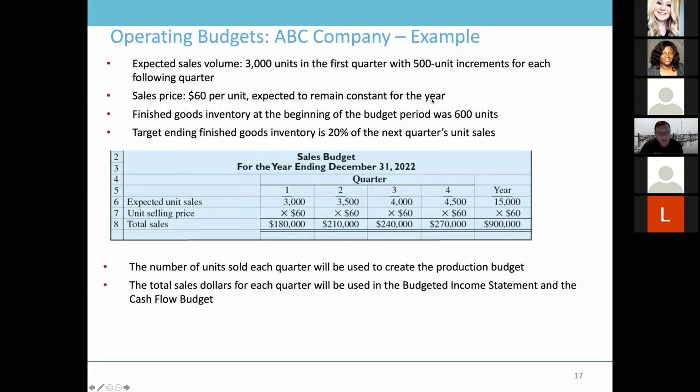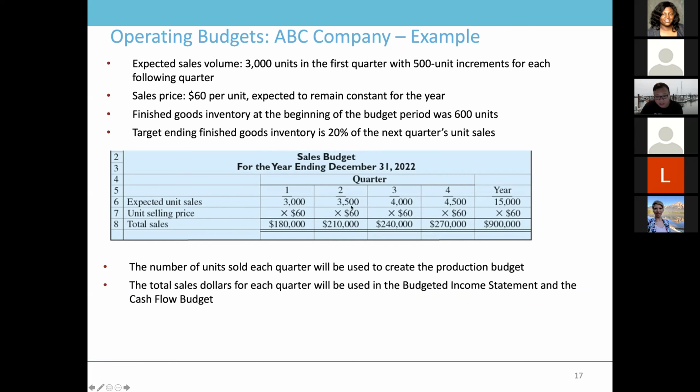So let's take a look at this. Suppose this is ABC company. They are expecting the sales for the 4 quarters of the year to be 3,000, 3,500, 4,000, and 4,500 units. The selling price per unit is $60.